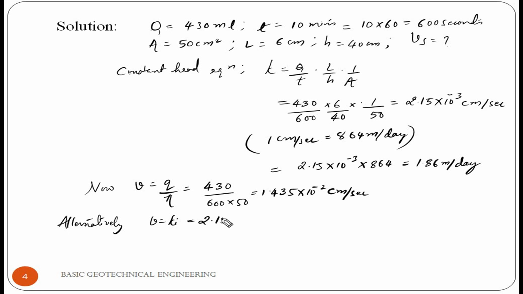This K is 2.15 into 10 to the power of minus 3 and i is H by L, that can be written as 40 by 6. So it is coming around 1.435 into 10 to the power of minus 2 centimeter per second.